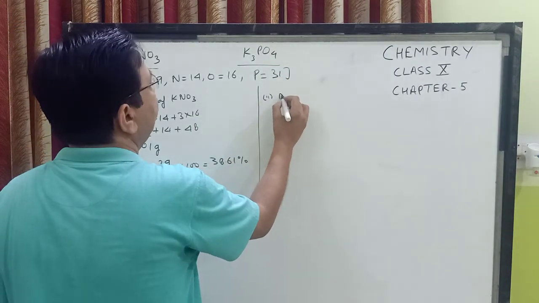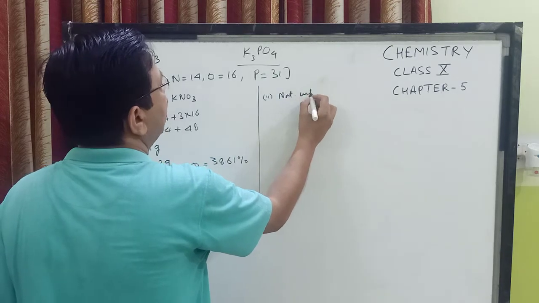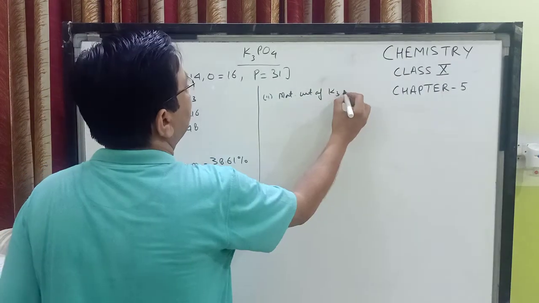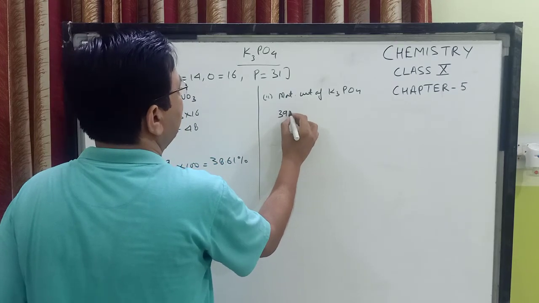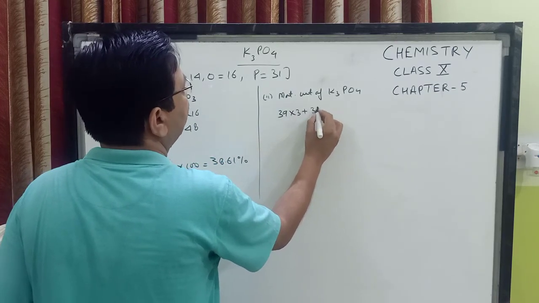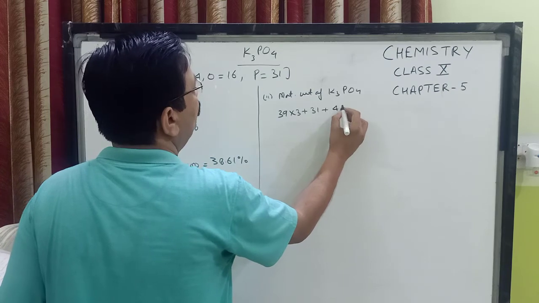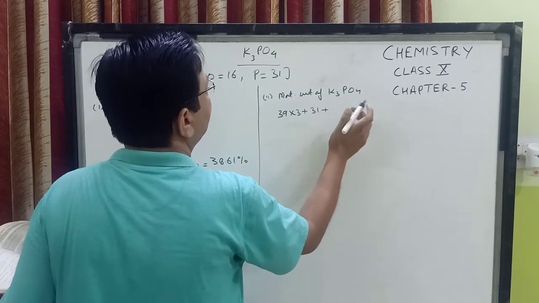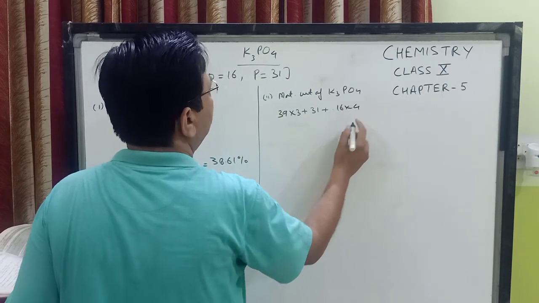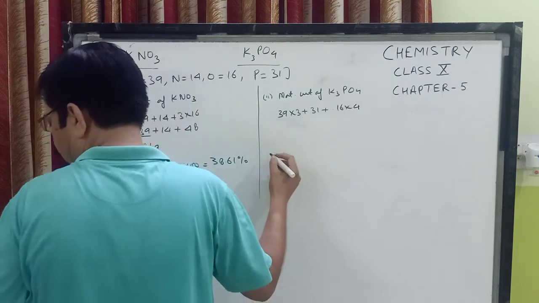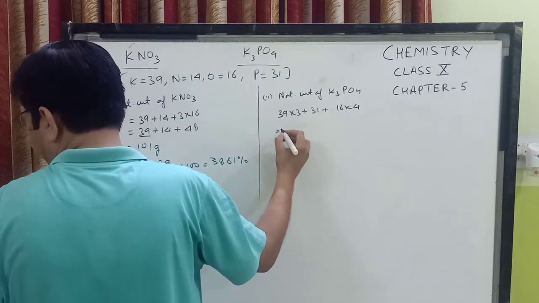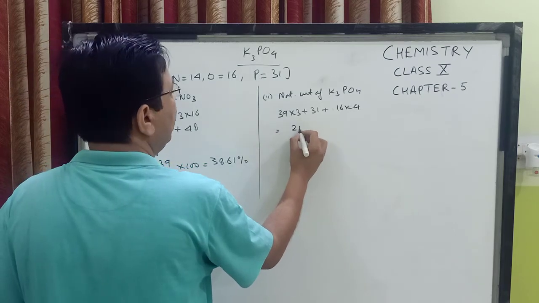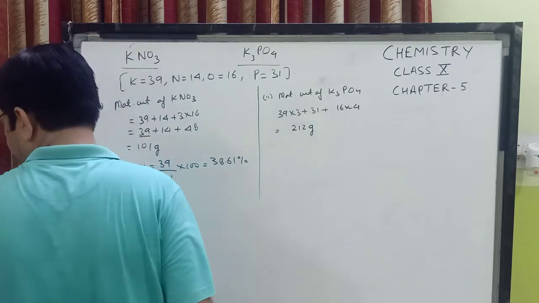Now children, we do the same program to calculate the percentage of potassium in potassium phosphate. We find the molecular weight of K3PO4. K3 means 39 into 3, plus phosphorus 31, plus 4 into 16, as there are 4 atoms of oxygen. If you calculate this value, it comes out to be 212 grams.